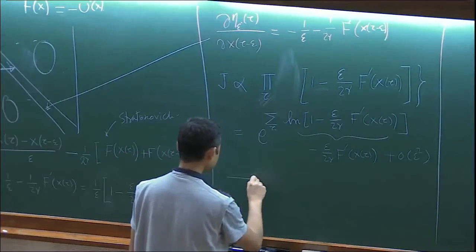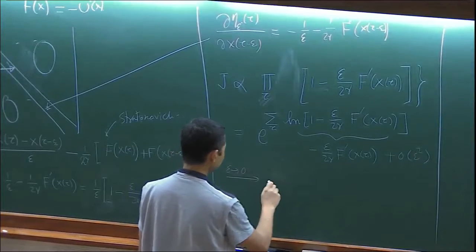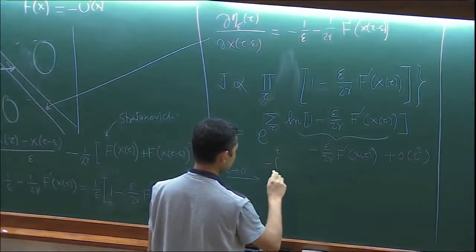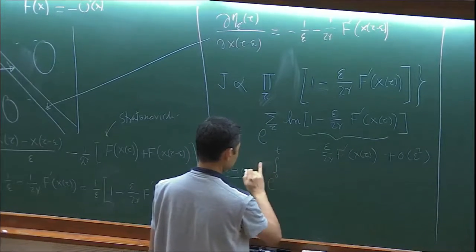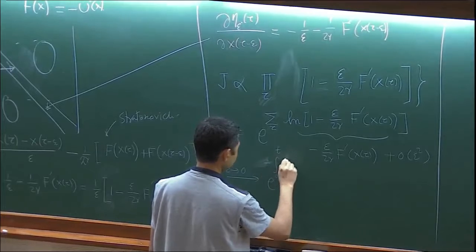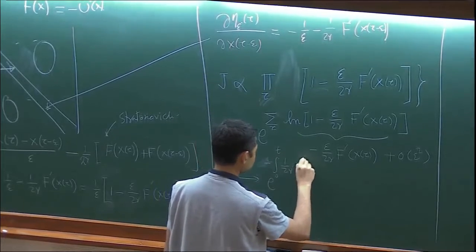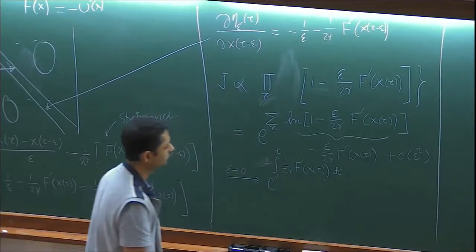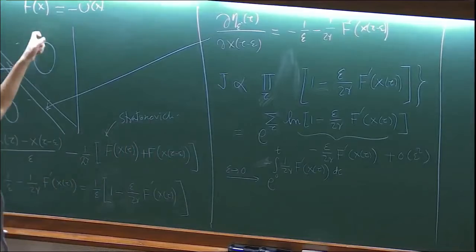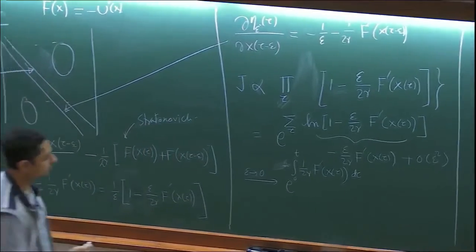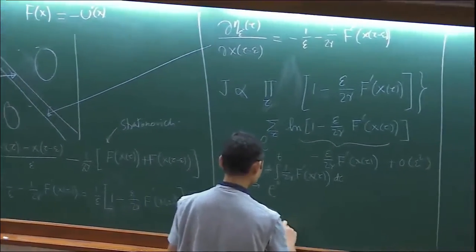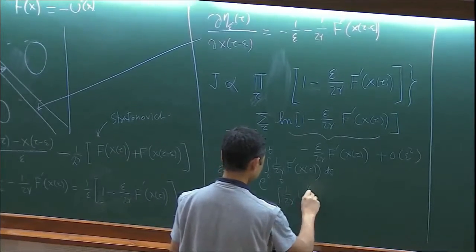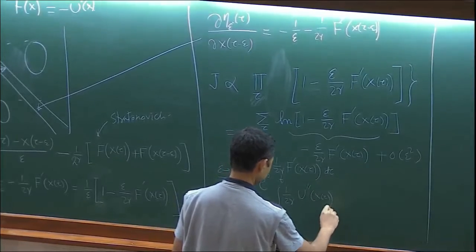So this becomes minus integral from 0 to t of 1 over 2 gamma f prime x of tau d tau, and f prime is u prime. So this becomes equal to exponential of integral from 0 to t of 1 by 2 gamma u double prime of tau.